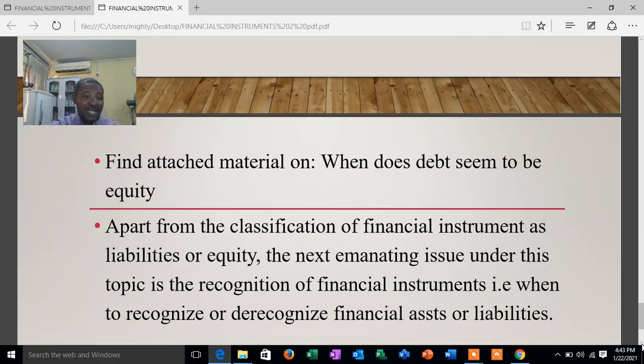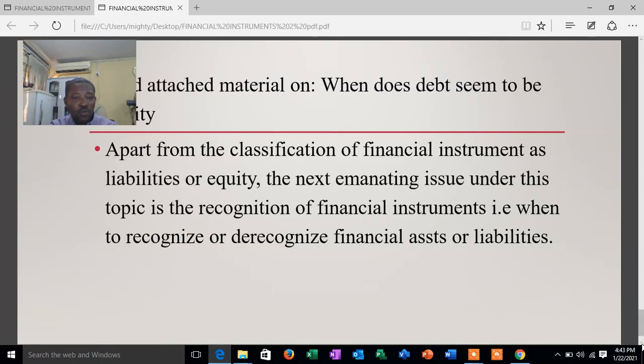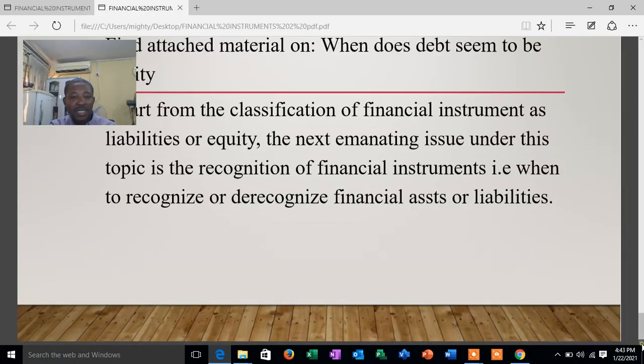When do you include it in your financial statement? And when do you de-recognize, which simply means when do you remove it from your financial statement. We'll look at that in the next class, the next video, the next material, as time permits. So that is the next focus. Go and read on the recognition of financial instruments.